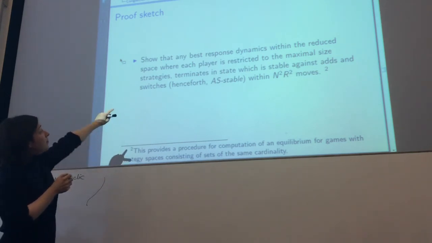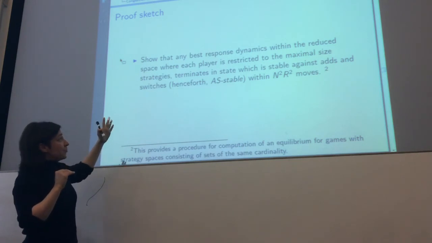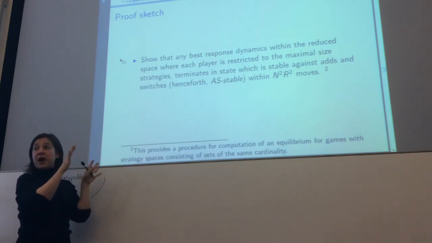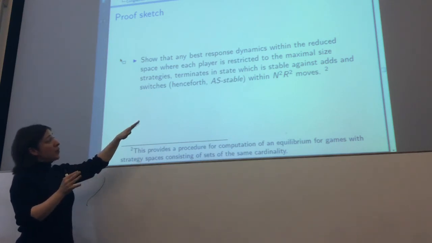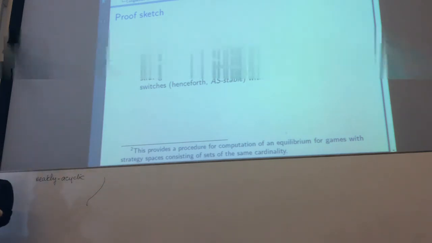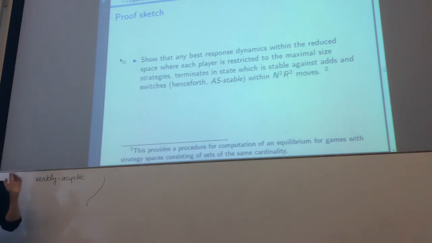Then, from every profile where everyone uses the maximal number of resources, we can, in polynomial time, reach a profile which is stable against adds and switches. So we can guarantee 2 of these 3. Now we need to take care of the last one.